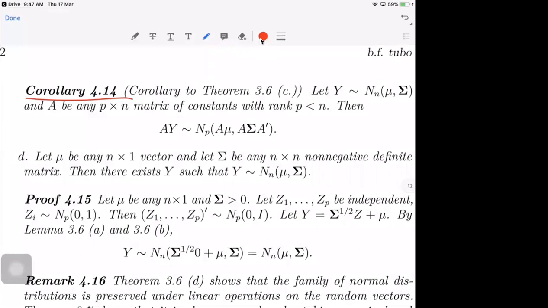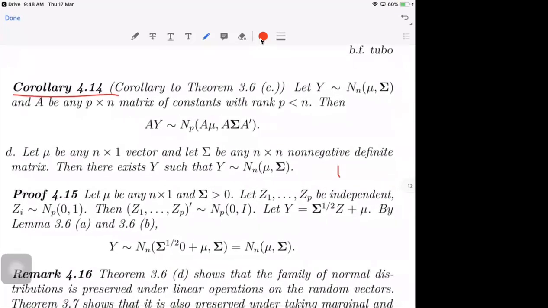Either pre-multiply the normal vector by a matrix, or linear transformation, you add it by a constant b or add it by a vector b, no? So, normal lang gihapon siya. Pero kung product na transformation, lahi na po na pagka-istorya. Okay? Next.